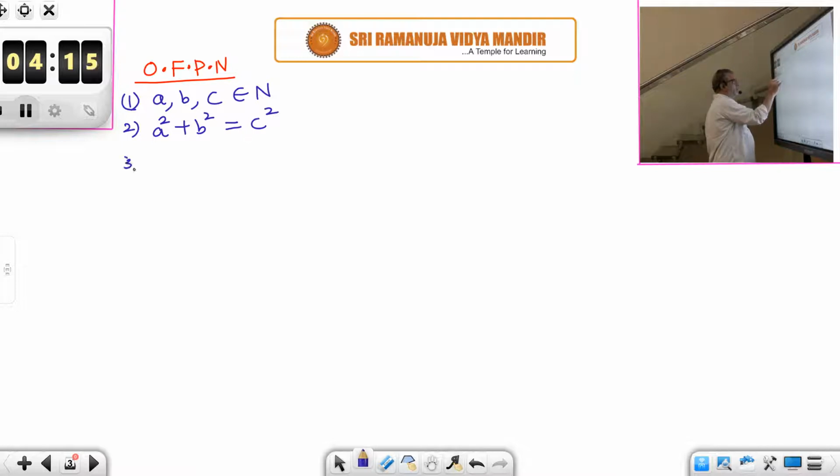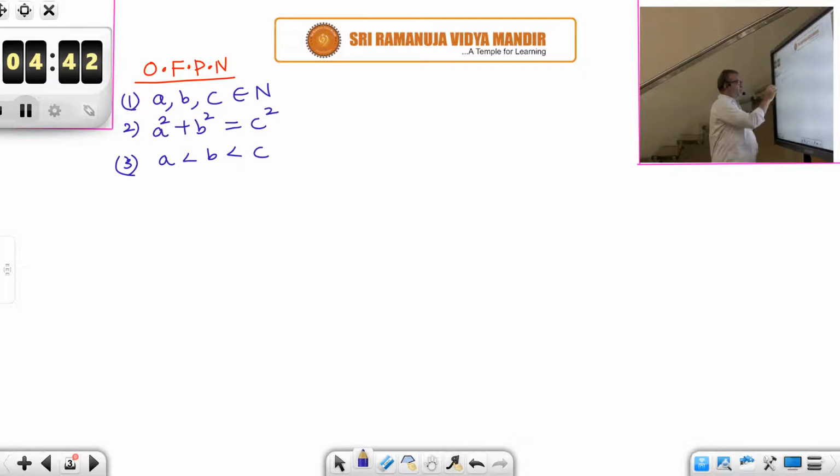Third condition, they are ordered, means A less than B less than C. This ordered condition is mainly for defining a characteristic. Characteristic is the difference between the greatest number and the next greatest number. So that is why first we have to put them in order, to find which is greatest and which is the next greatest.